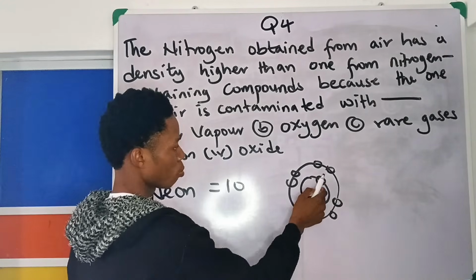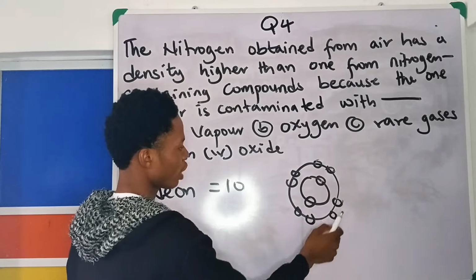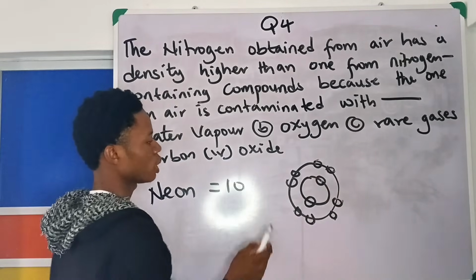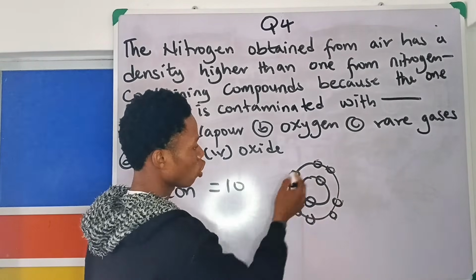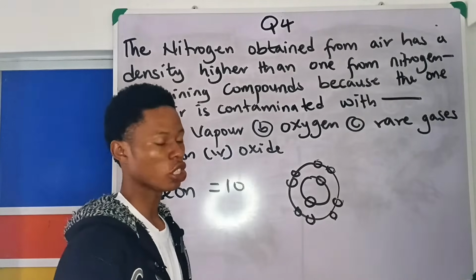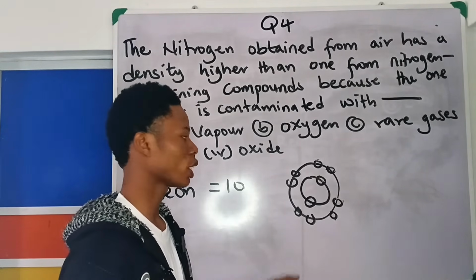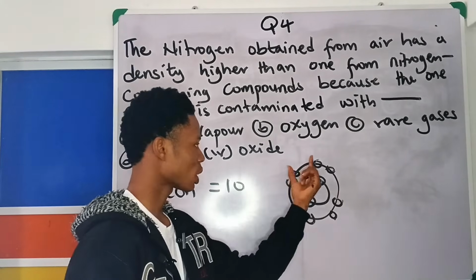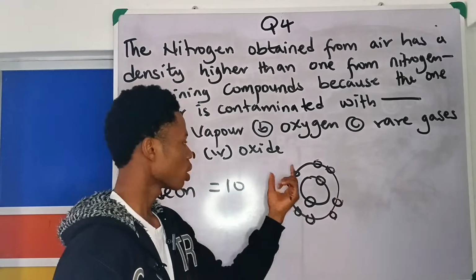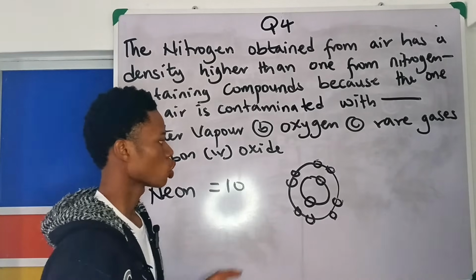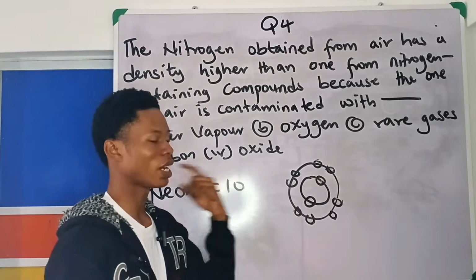So 1, 2, 3, 4, 5, 6, 7, 8, 9, 10. We've completed the 10. Now you see that the octet configuration has been achieved, because all atoms will strive to get either the duplex or octet configuration, that is, would strive to complete 8 here. But neon is already complete, so there is no need to look for an electron.